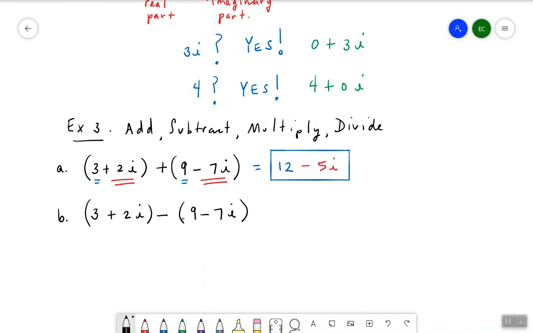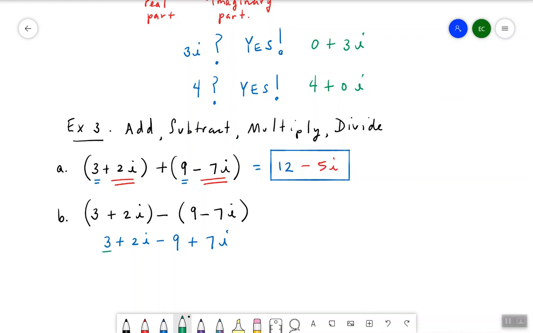Of course, now the parentheses make a difference. When we subtract what's in the parentheses, then we need to distribute that minus sign to each term inside the parentheses. And so the first step might be just to write 3 plus 2i and then distribute the negative and say minus 9, and then minus a negative is plus 7i.